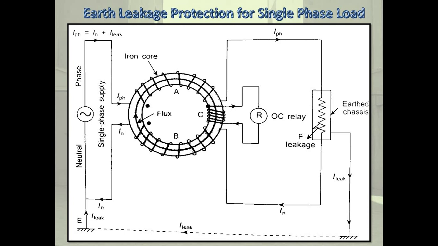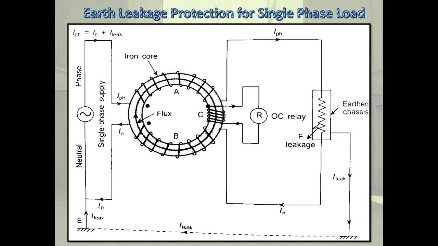If there is a fault, the fault current IF flows through the earth conductor, which is the leakage current. Thus, the current IL is more than IN by the amount of the fault current IF. Thus, IL equals IN plus IF. The difference current IL minus IN is called the residual current, which links with the sensing coil.